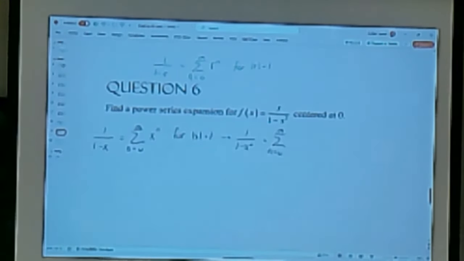Just replace x with x squared, right? That'd be valid for absolute value of x squared less than 1, so x to the 2n. If the absolute value of x squared is less than 1, what's the absolute value of x less than? 1. Still 1.